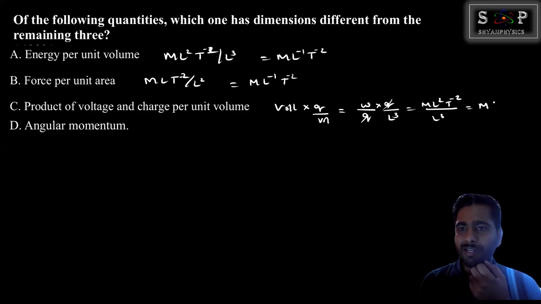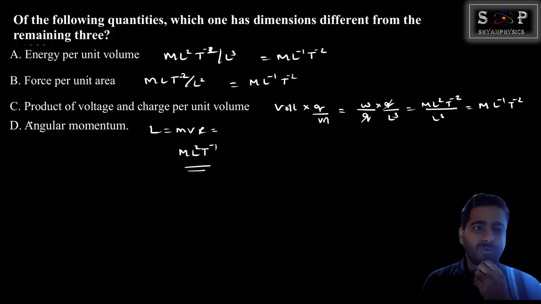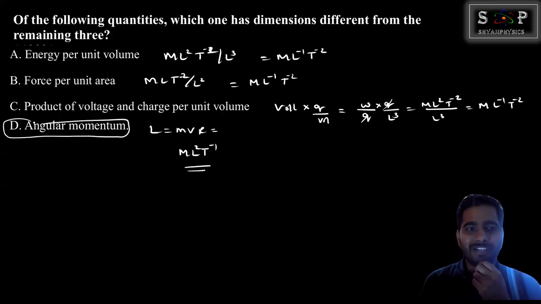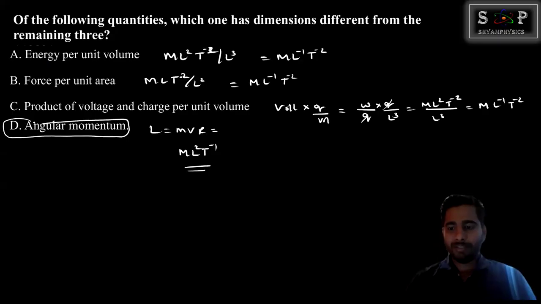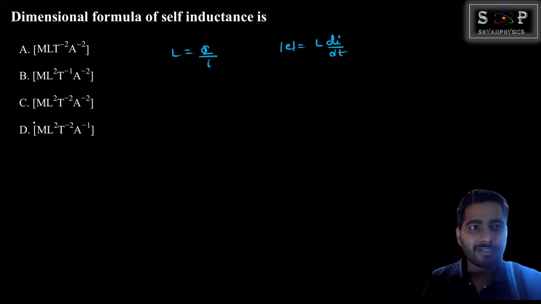So the answer is m L to the power minus 1 t to the power minus 2. Oh, all three are same. Nice. Angular momentum, L is equal to mvr, m L to the power 2 t to the power minus 1. So angular momentum is the one different from all. They gave it in option D. How savage these people are. We need to solve each and everything.